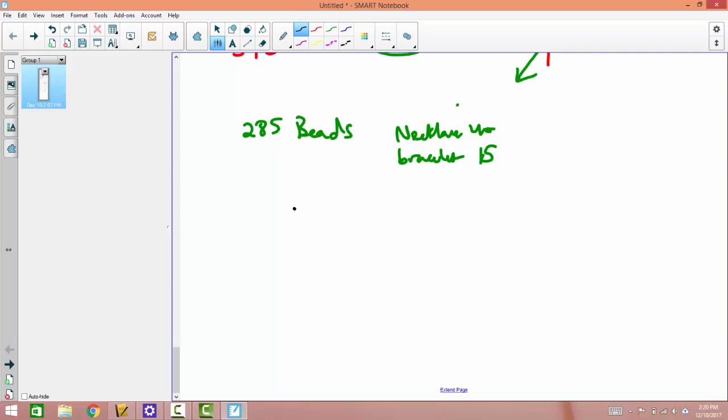So the equation would be 40 beads per necklace plus 15 beads per bracelet equals 285 beads. It doesn't matter which is y and which is x in this situation. I'm just going to think of this as y and this as x because when you're solving for y, it's easier if you have the smaller number, but again, it doesn't matter.